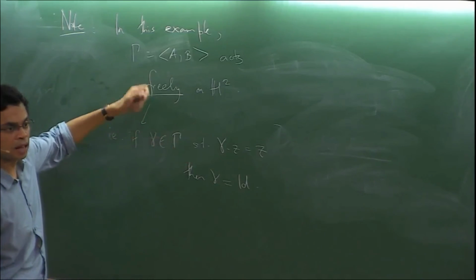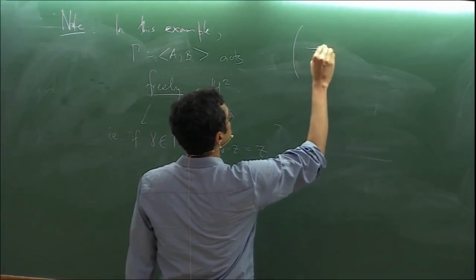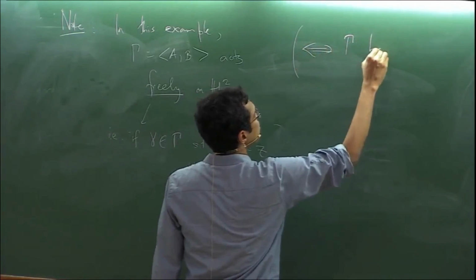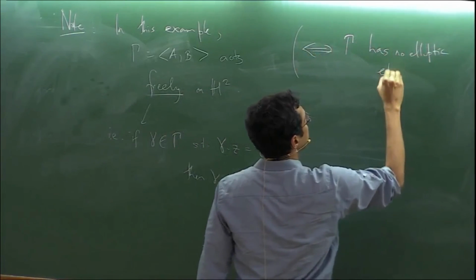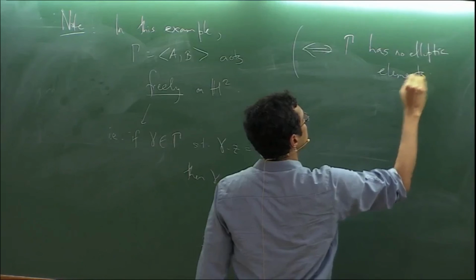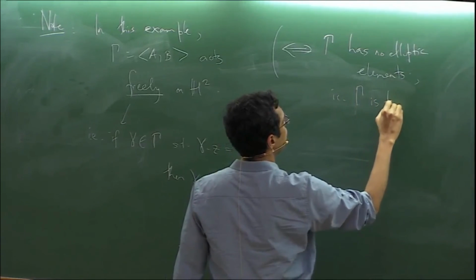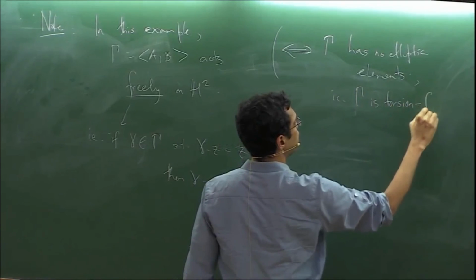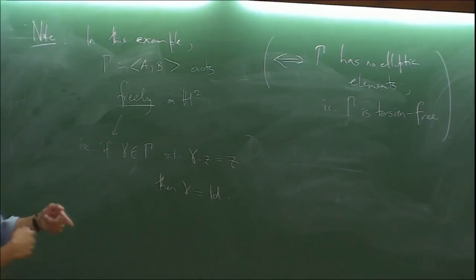So another way of seeing this is that gamma has no elliptic elements. That is, if you want to use algebraic terminology, gamma is torsion-free. There are no finite order elements.